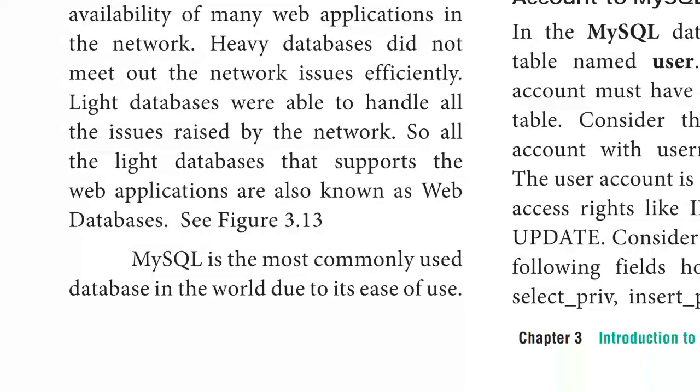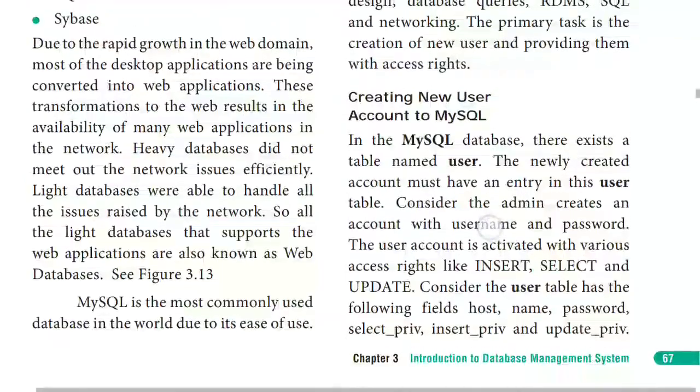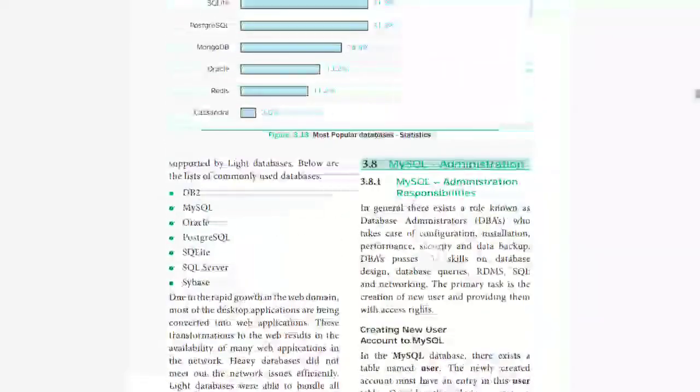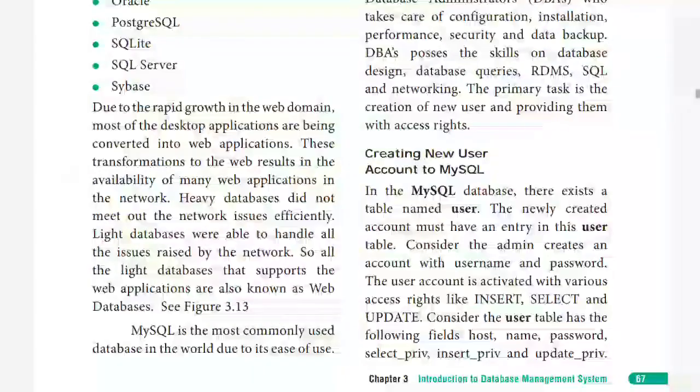MySQL is the most commonly used database in the world due to its ease of use. So here you can see that MySQL is the most commonly used web database, and not only as a web database, it can also be used as a desktop database for desktop applications.